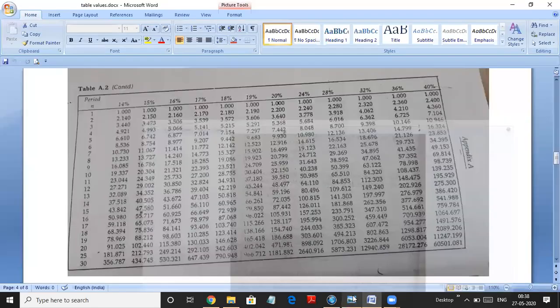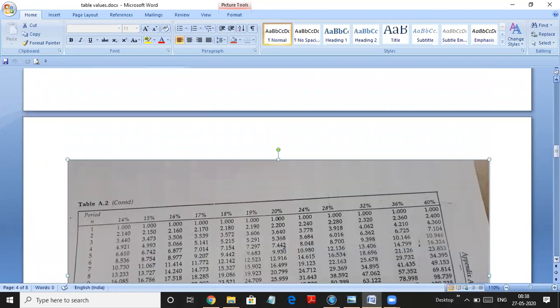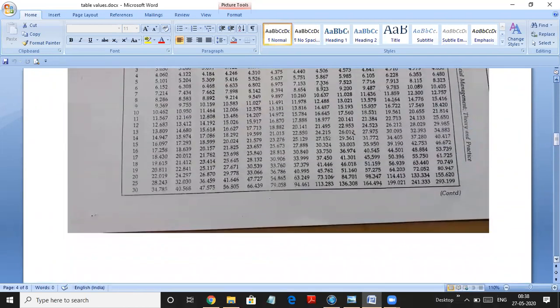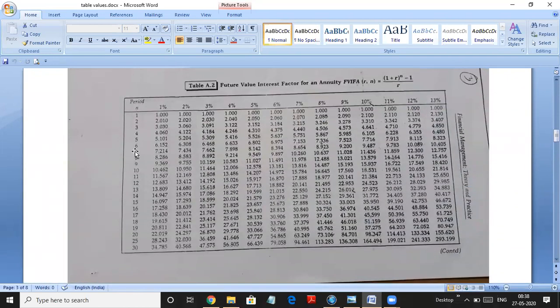We'll see the future value interest factor annuity table at 12%. So at 12%, I want 5 years. So just go from here till the 5th year. At 12%, you get 6.353.